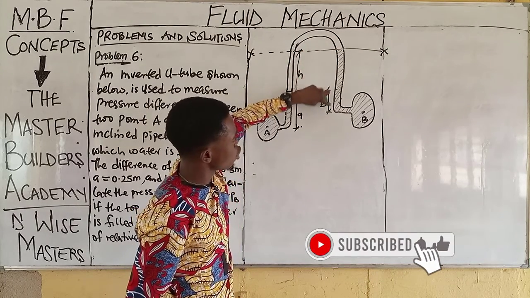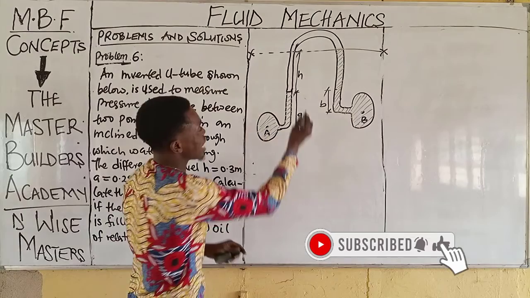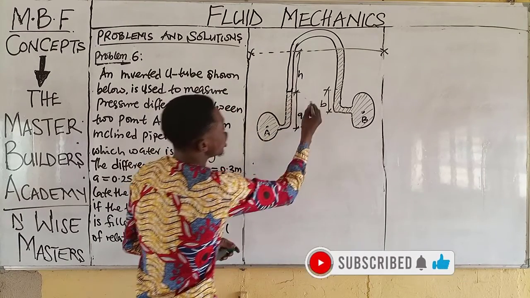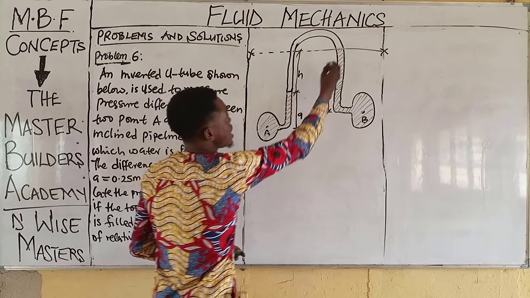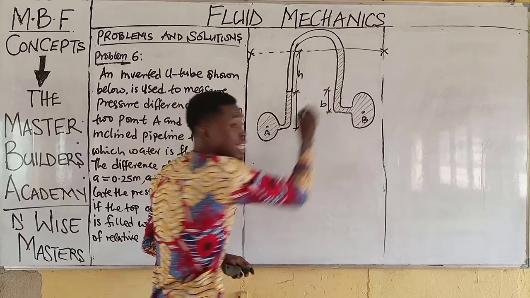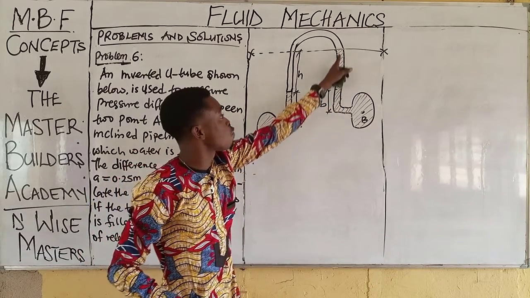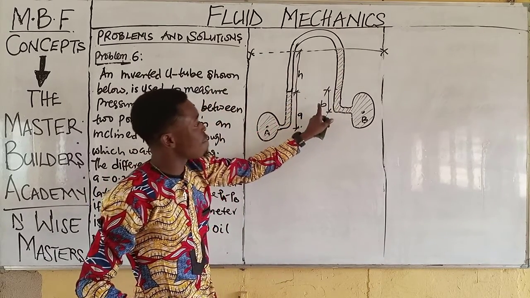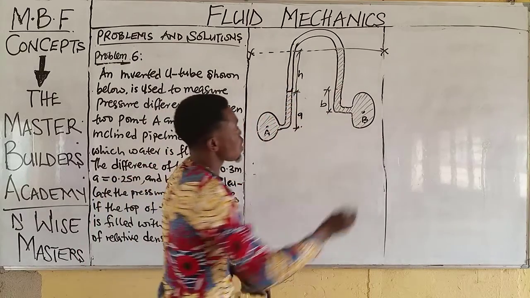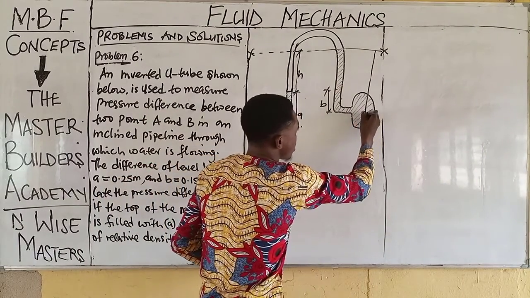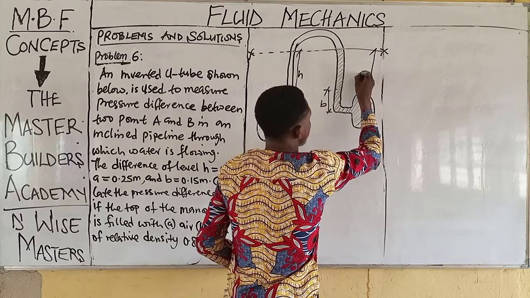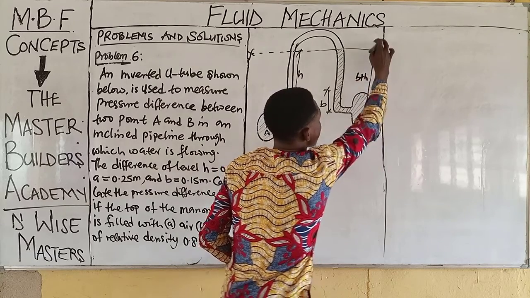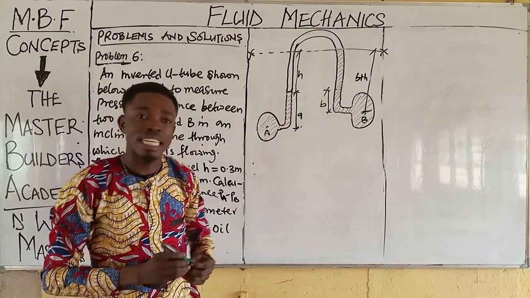But we know from here to this point is B. When you look at the relationship between these signs, you will find that from here to here is A, equally from here to this end is A. That means the depth of water at this end would have been B plus H. So I can equally say that from here to this end is B plus H. So this is the depth of water at the right end.